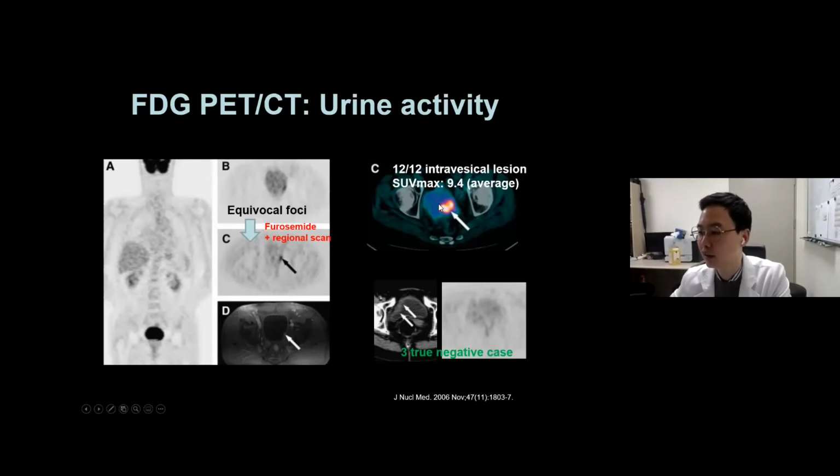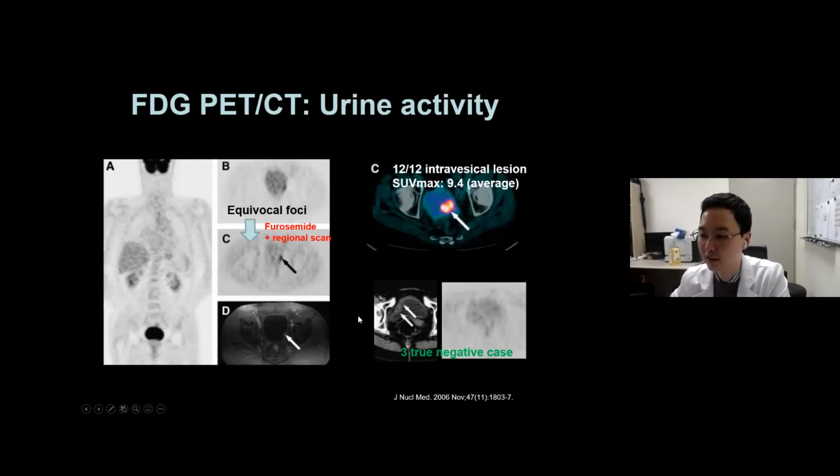In 12 bladder cancer patients, they reported that they could show the intravesical lesion in all 12 patients. Also, if there was no uptake after this forced voiding, they concluded it as a negative case, and the histopathological confirmation also came out as a true negative.